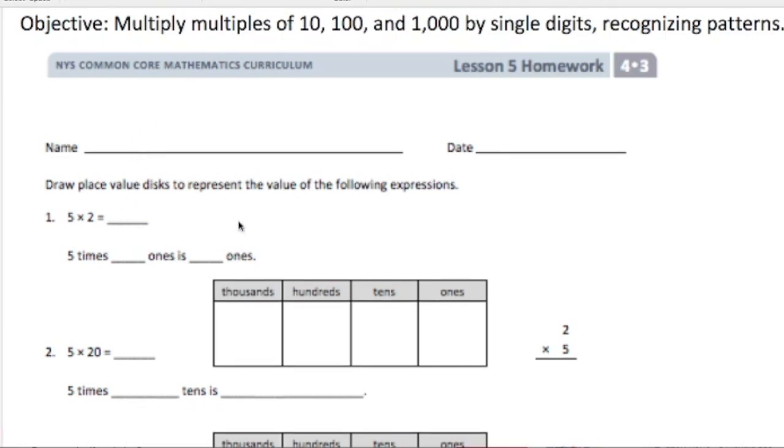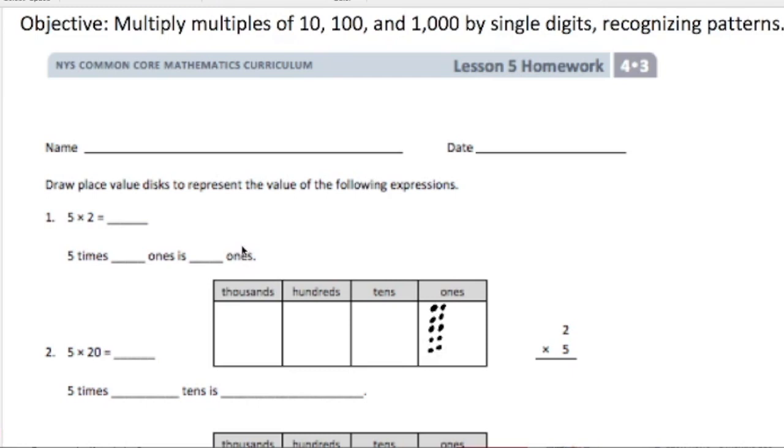All right, so 5 times 2, that would be 5 times 2 ones. I'm going to do 2 ones 5 times. So I'm making an array of 5 rows of 2.